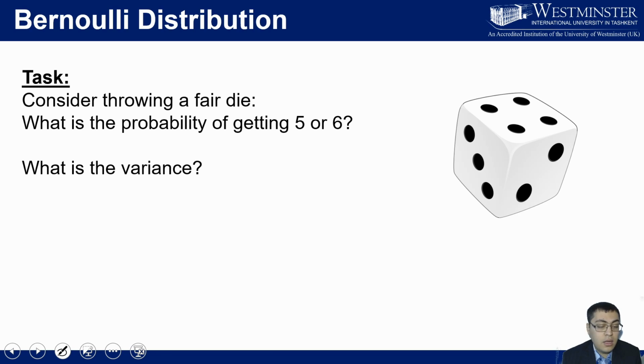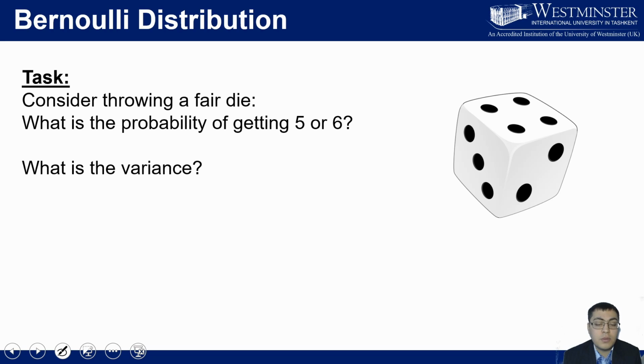So again, consider this example over here in which you are throwing a fair die. Now what I would like you to do is pause this video and calculate the probability of getting a 5 or a 6. In this case, if you have a 5 or a 6, that is your success. If you get any other number, that is a failure, right?